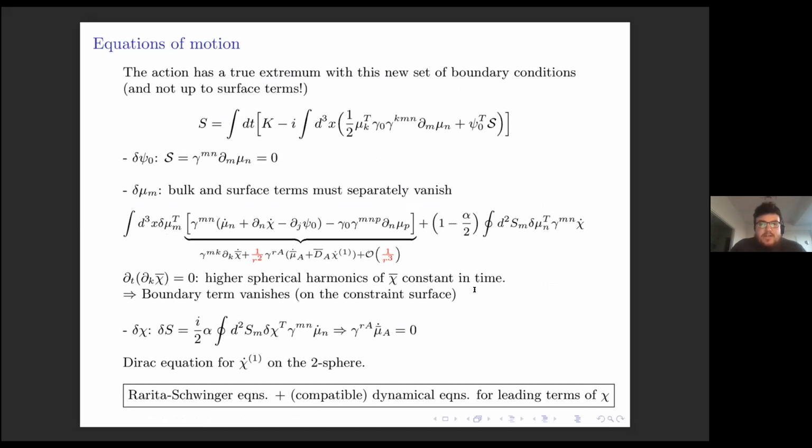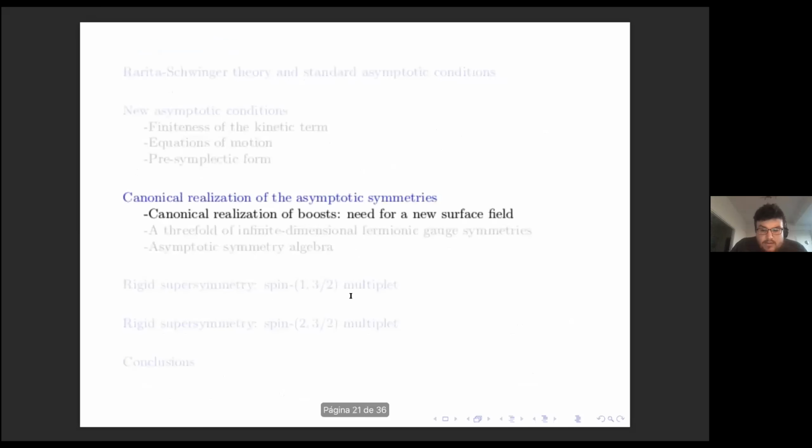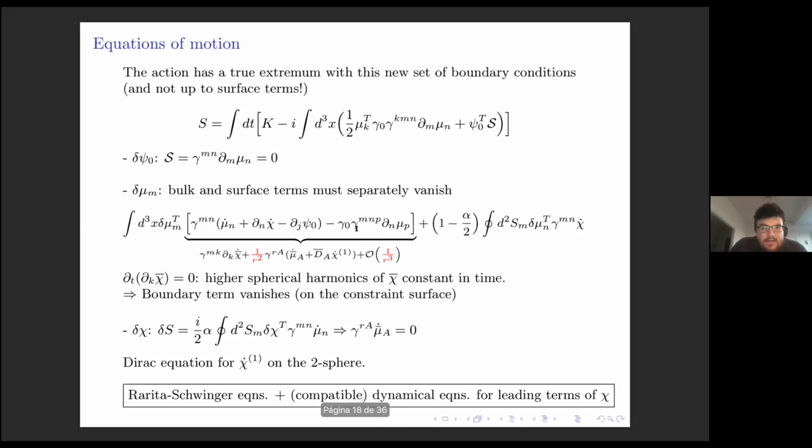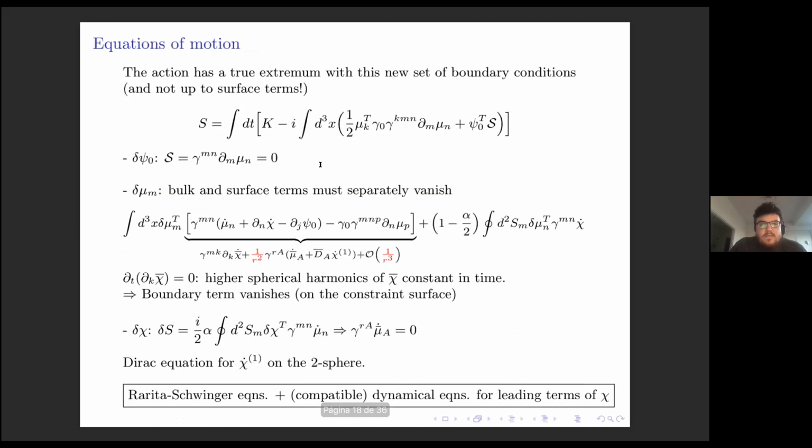The action principle is given by this Lagrangian, where the kinetic term has this form, remember? Now we can vary the action with respect to the Lagrange multipliers, and we will obtain the constraints, as we know. And we can vary with respect to the mu field, and we will obtain a bulk term and a surface term.